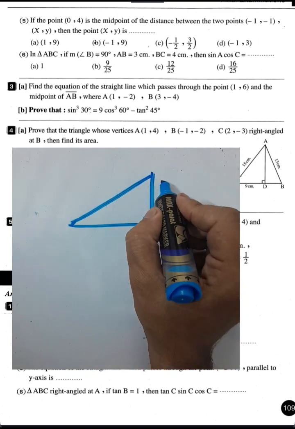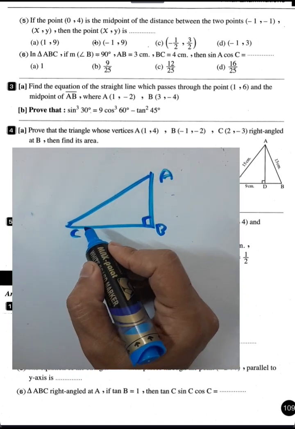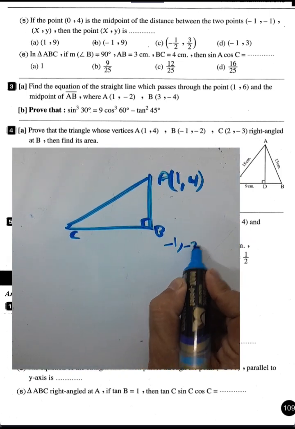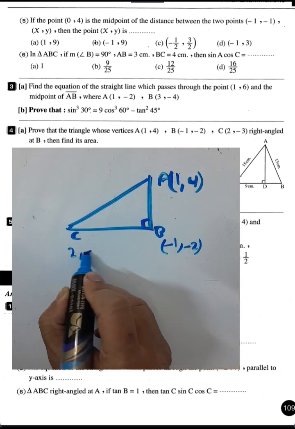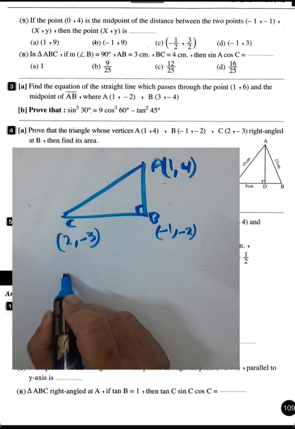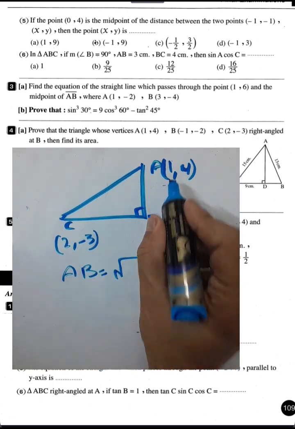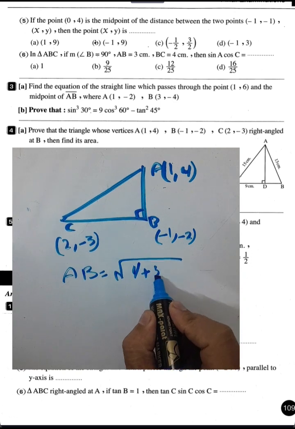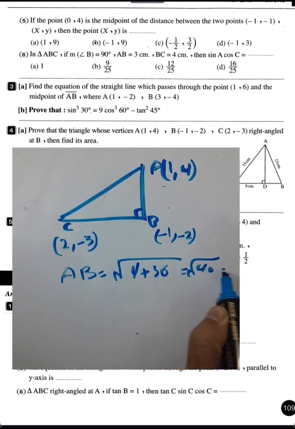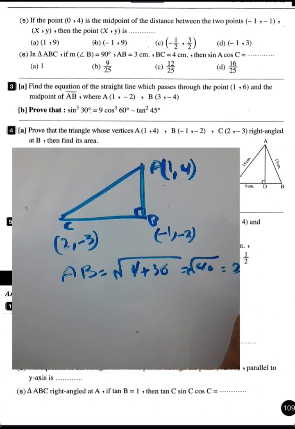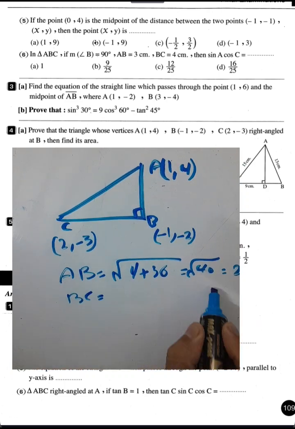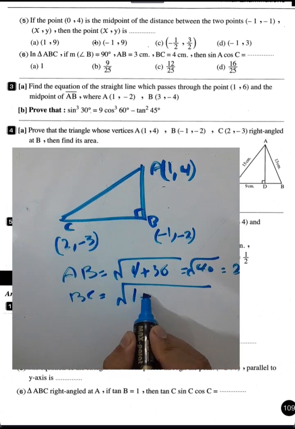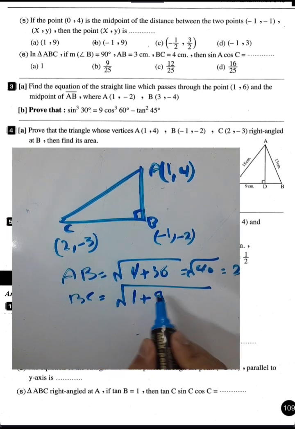Okay, A, B, C. The point A was (1, 4), B was (-1, -2), and point C was (2, -3). We can find the length of AB: square root of (1 minus -1, equal to 2) power 2, equal 4, plus (4 minus -2, which is 6) power 2, 36. Square root of 40 will be 2 root 10 length units. And we can find the length of BC: square root of (-2 plus 3, which is 1) power 2, 1, plus (-1 minus 2, which is -3) power 2, which is 9.